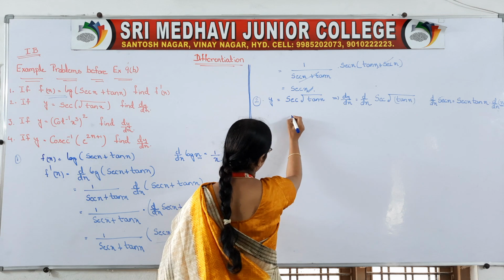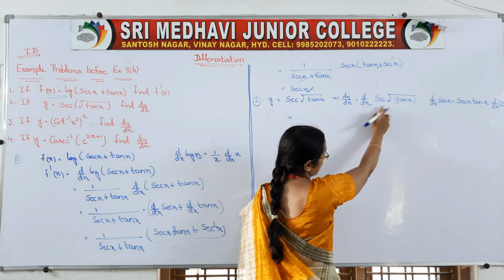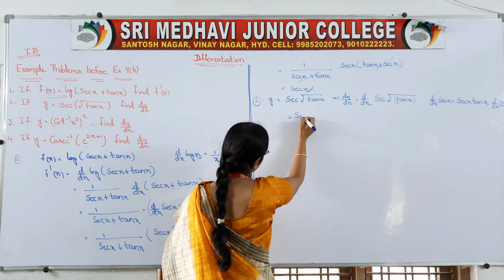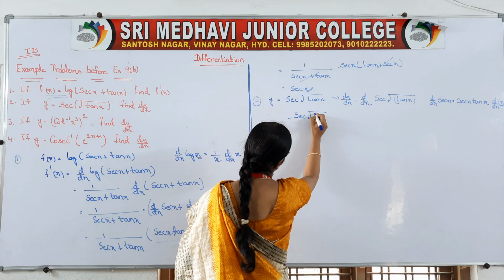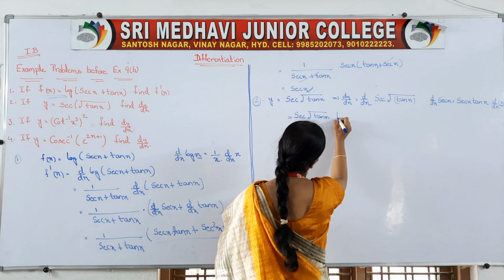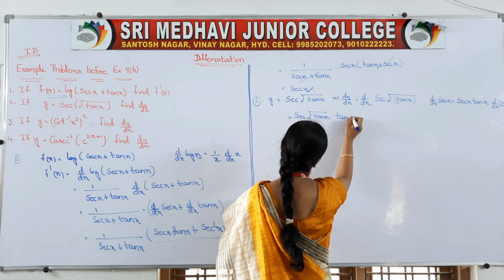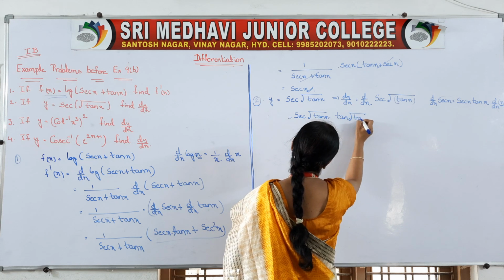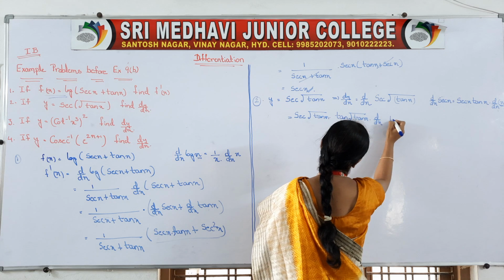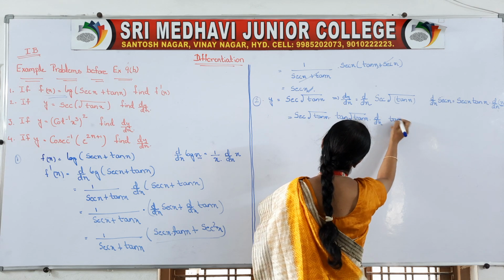So we can write d by dx of secant of this variable as secant of root of tan x into tan of root of tan x into d by dx of the variable. What is that variable? Root tan x.